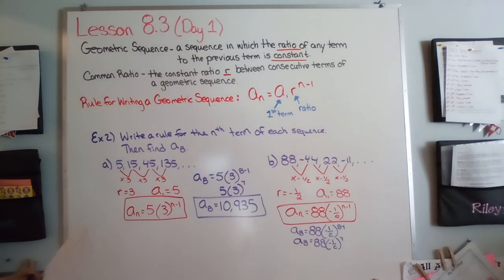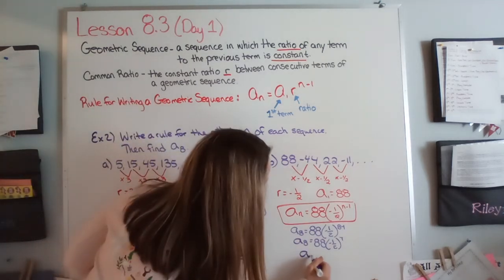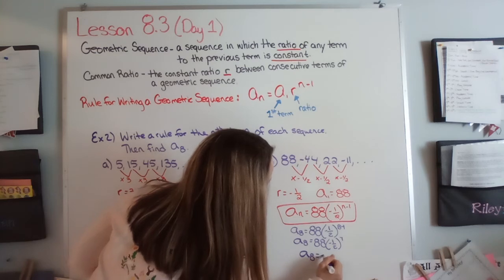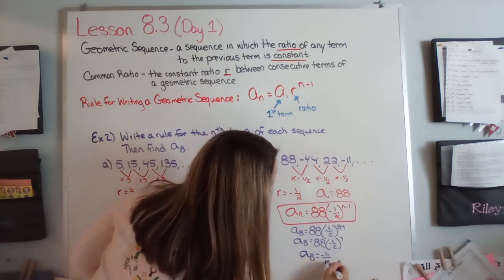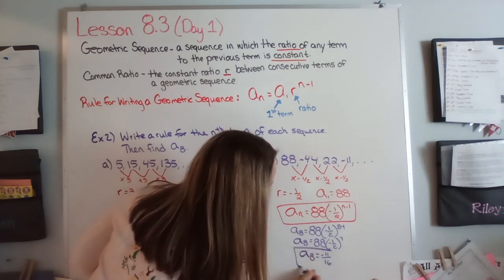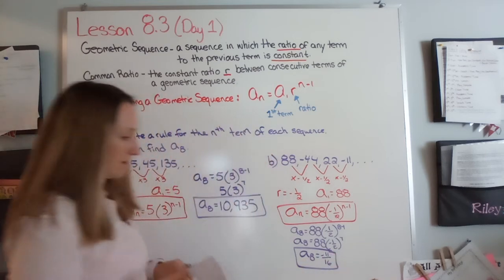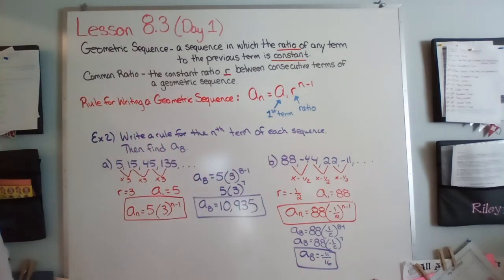So you're going to do negative 1/2 raised to the 7th and then multiply that by 88 to get negative 11 over 16. So the 8th term is negative 11 over 16. Okay. So that is it for example 2.